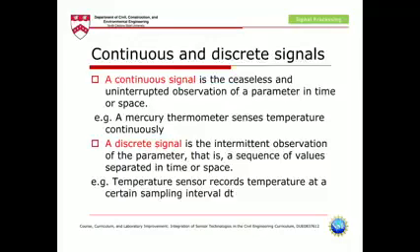Then we have a discrete signal. A discrete signal is an intermittent observation of a parameter, a sequence of values separated in time or space. So these readings are not continuous. They are taken at time intervals: after 1 minute, 5 minutes, 10 minutes, half an hour, or after an hour, 2 hours, a day, 3 days, a month. These are discrete signals, separated in time or space. A temperature sensor records the temperature at a certain sampling interval.